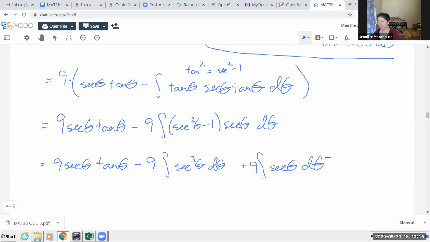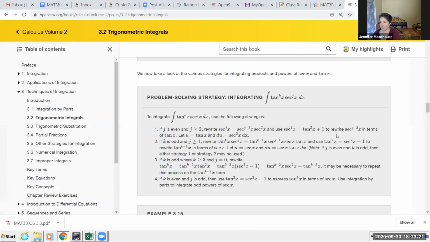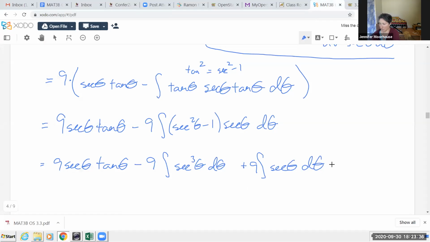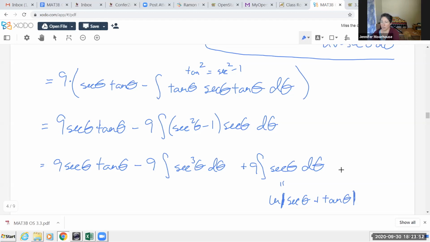And then the integral of secant theta, we have a formula for that. The integral of secant theta is the natural log of the absolute value of secant x plus tan x. So we could replace that, and then we can solve.